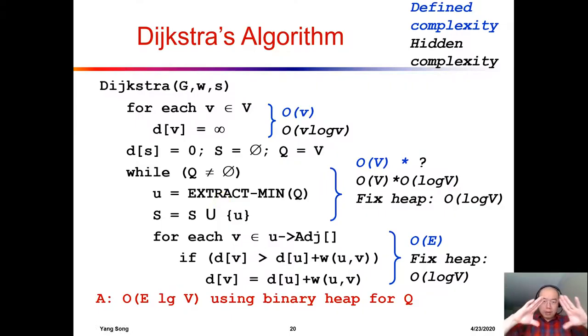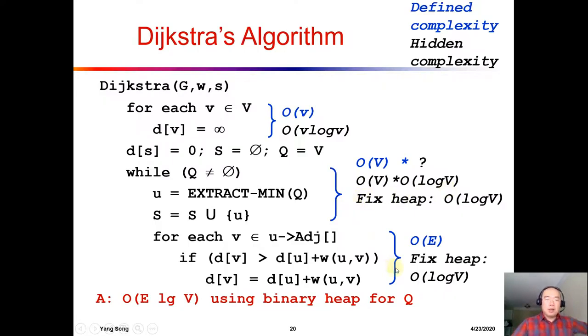The heap is a triangle, and we are taking the top value, which is the minimum, out. Then we have to fix the heap. To fix the heap, that is O(log V). So the question mark is really a log V here. So the second part is V multiplied by O(log V), so that is an O(V log V) algorithm.